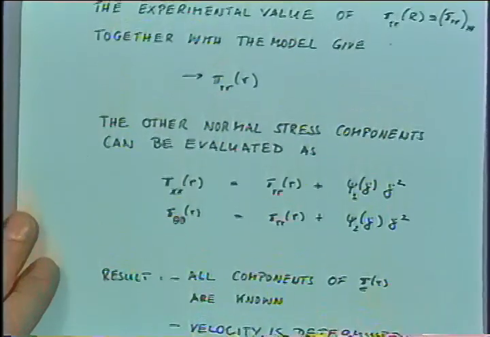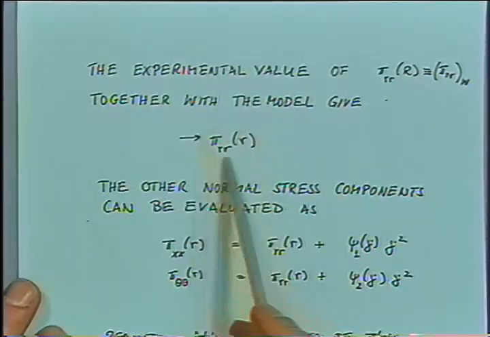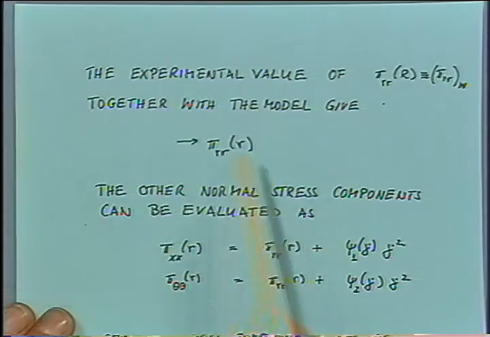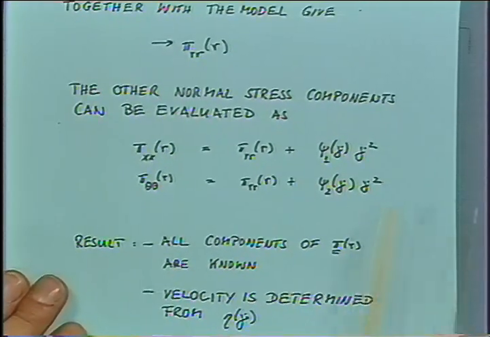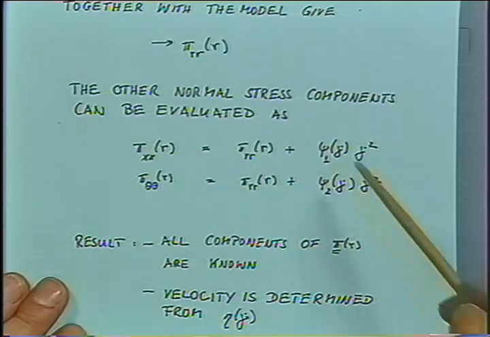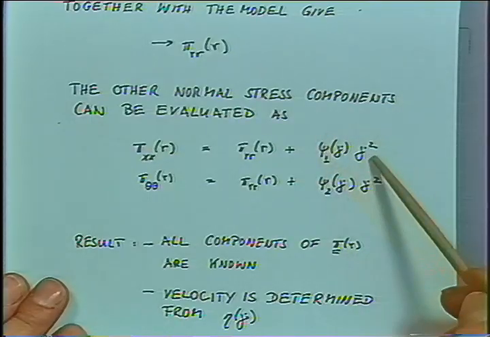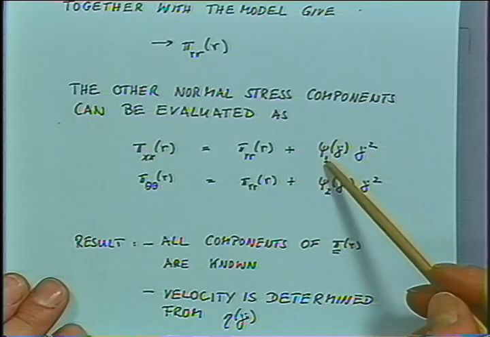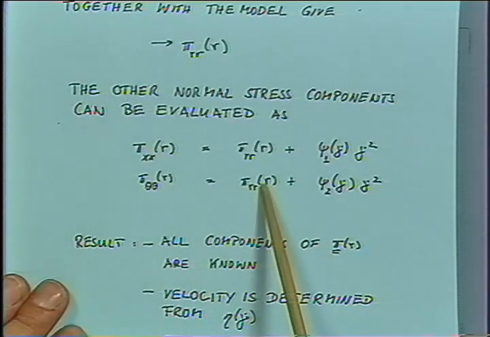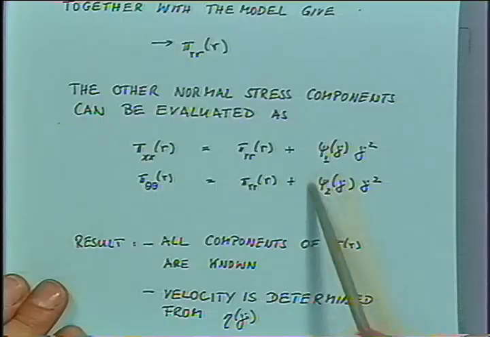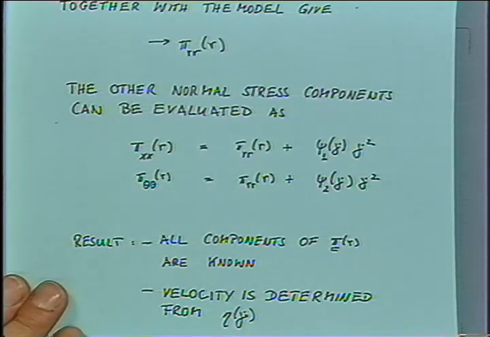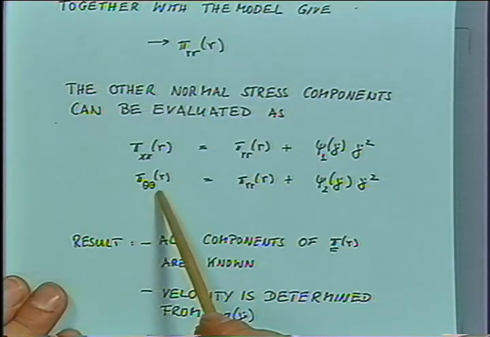We use that solution now. We know the pi r component as a function of the radius from that analysis, and we add the information from the first normal stress difference, described with this function, this coefficient times the shear rate square, and we take the second normal stress coefficient to define the second normal stress difference, and again we get another component for the stress tensor.